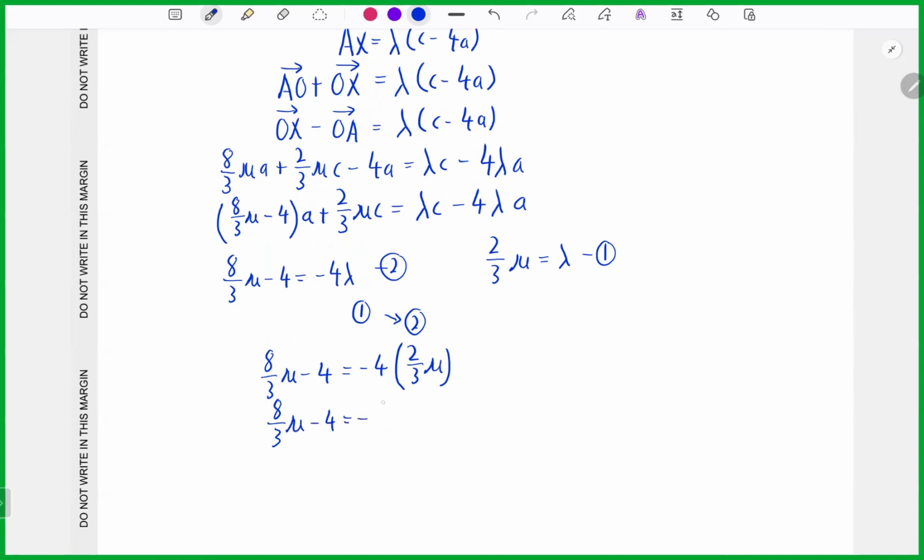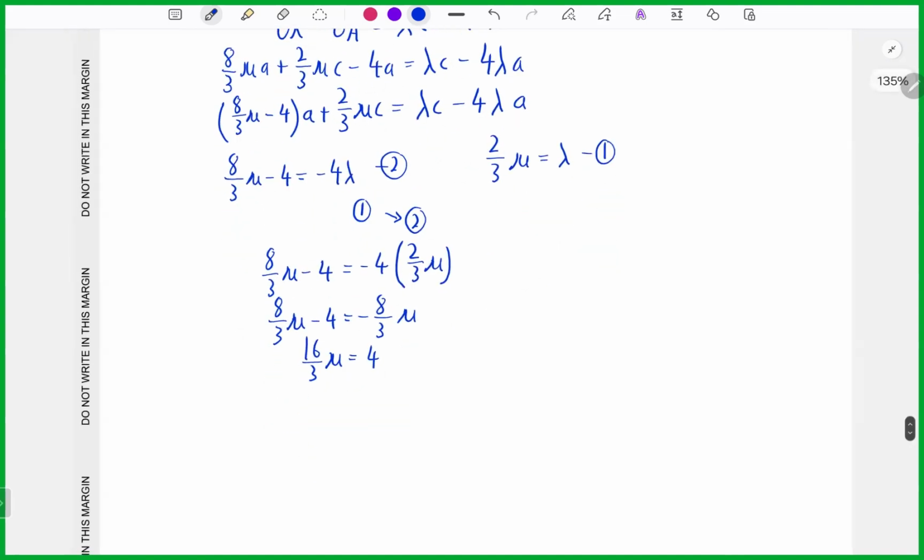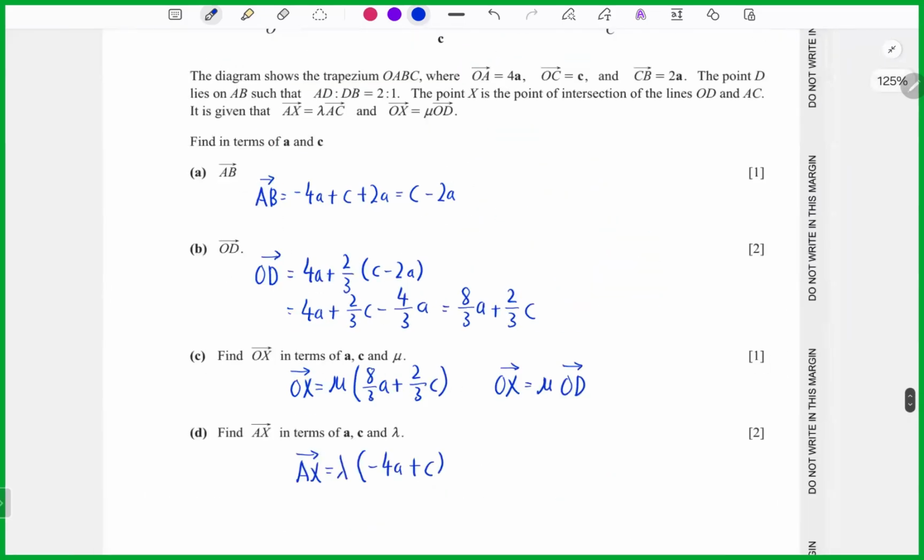So 16 over 3 mu equals 4. So mu equals 4 times 3 over 16, so mu equals 3 over 4. Lambda equals 2 over 3 times 3 over 4; cancel, cancel, so lambda equals 1 over 2.